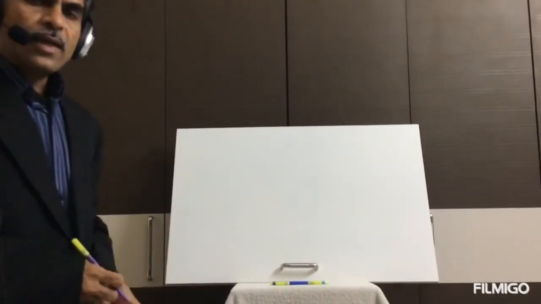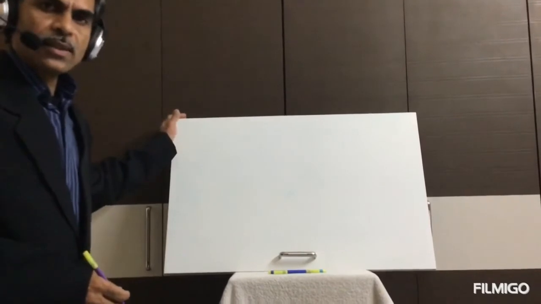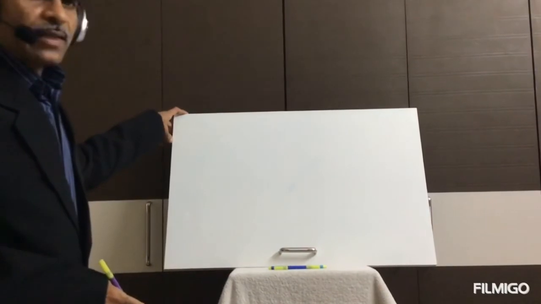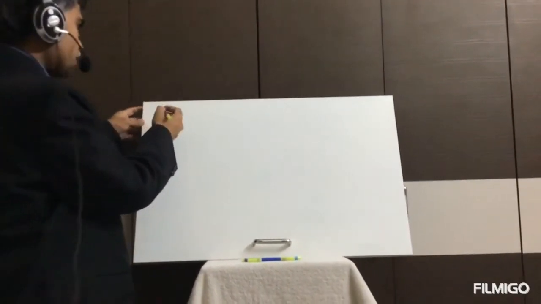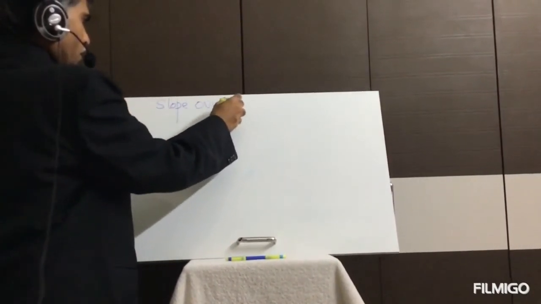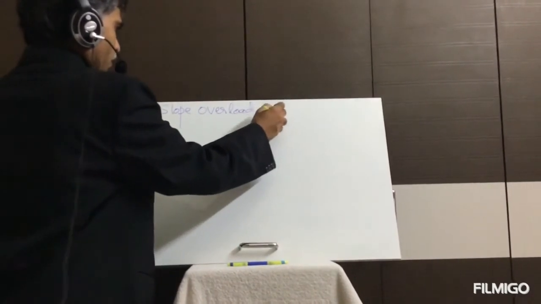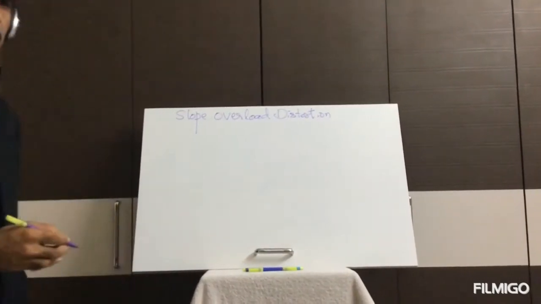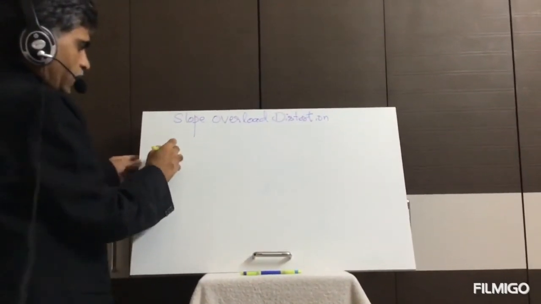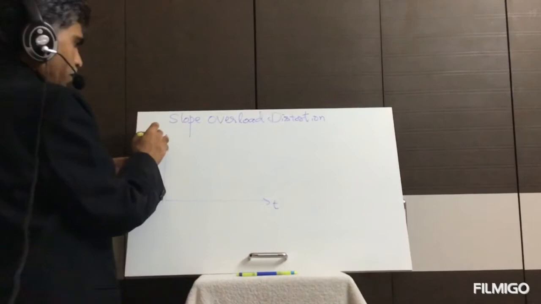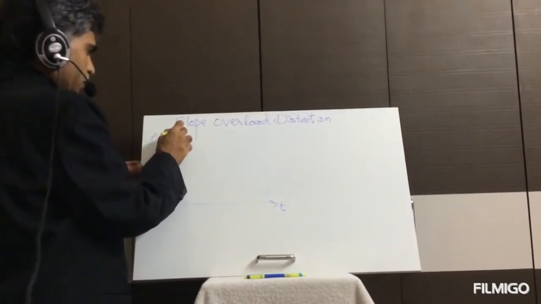Well friends, as a drawback of this delta modulation, let us understand how the slope overload distortion occurs in delta modulation, and also we shall find the remedy for that. Slope overload distortion. Let us take once again the continuous signal, taking time along the x-axis and amplitude of the signal along the y-axis.